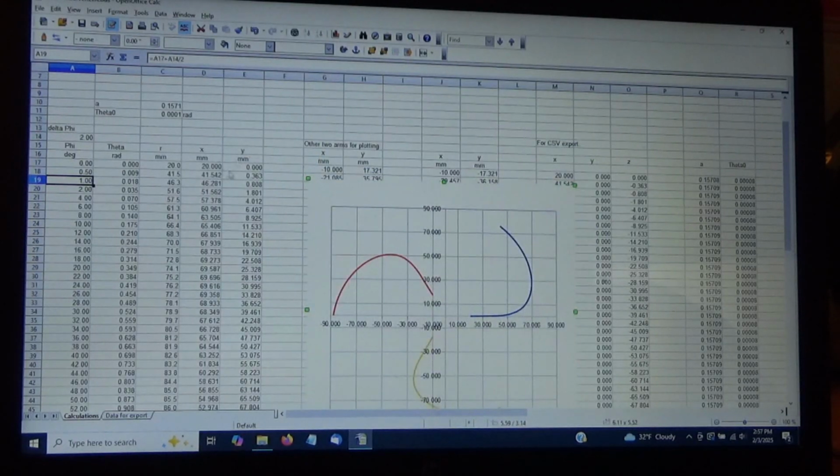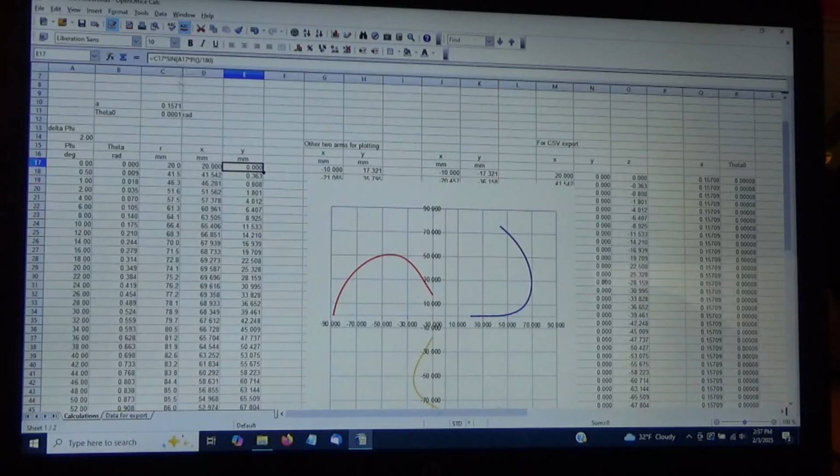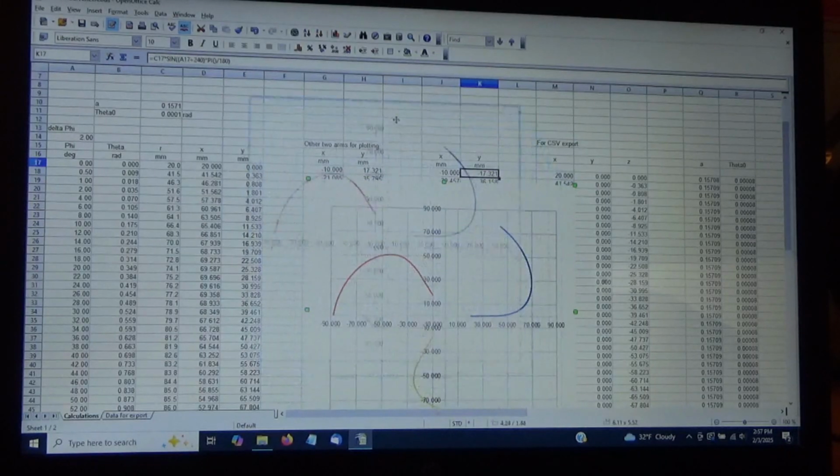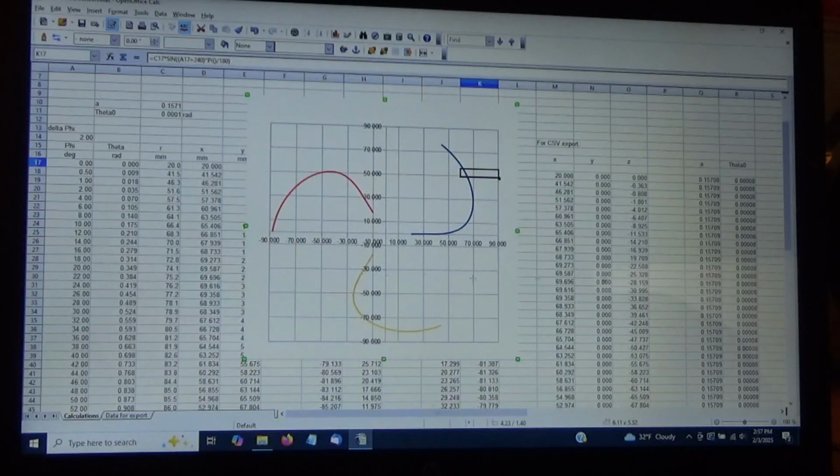So anyway, y is similar except you use sine. I rotate it a little bit, 120 degrees and 240 degrees, so I get, just for plotting, these two other blades. And then I take the x and y values and I put them in columns for comma separated variable export, so that the CAD can upload the curve.